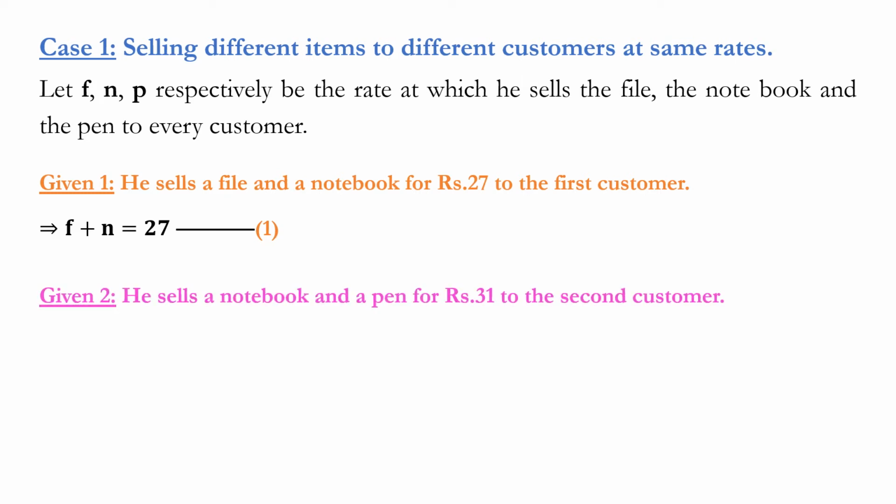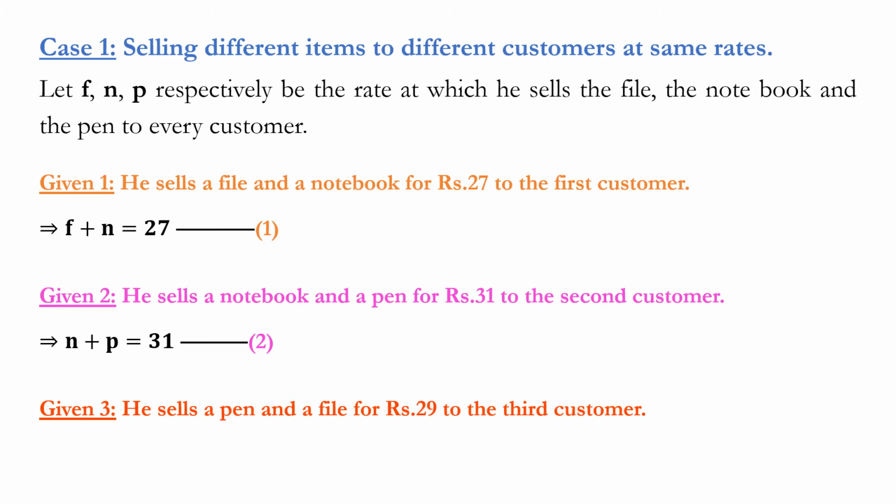Also, he sells a notebook and a pen for Rs 31 to the second customer, that is, N plus P equals 31. Let this be equation 2. He then sells a pen and a file for Rs 29 to the third customer. That is, P plus F equals 29. Let this be equation 3.